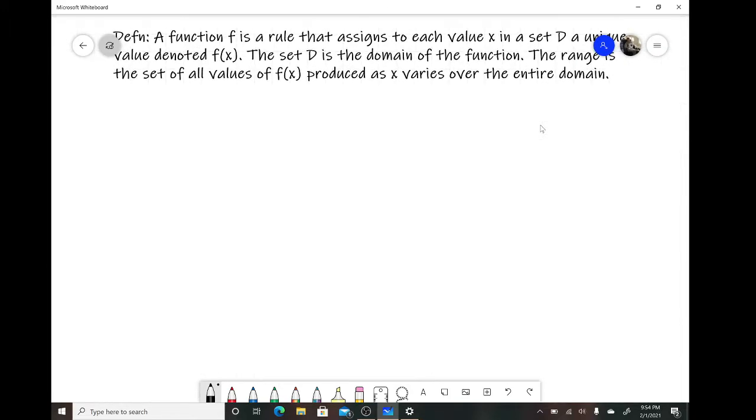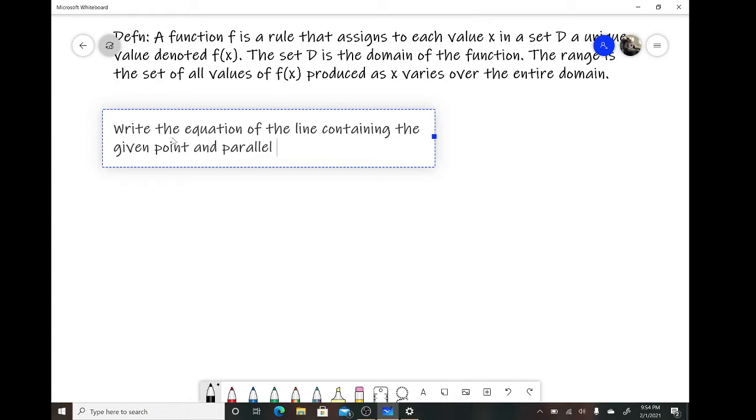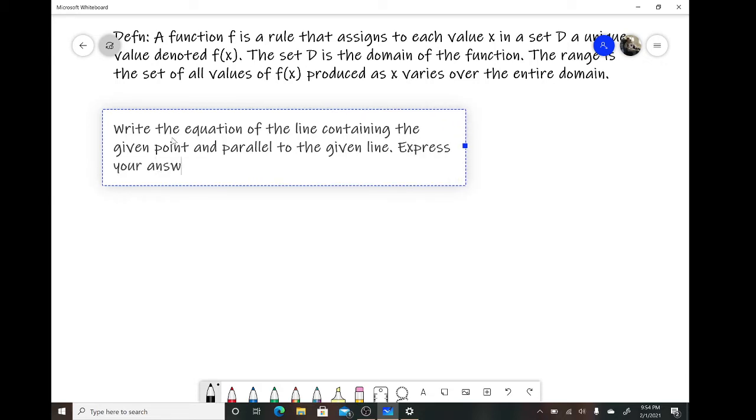I will be doing a couple of examples about some problems that have to do with functions and graphs of functions and so on from your pre-calculus class. So the first problem is the following. Let's write the equation of the line containing the given point and is parallel to the given line. Express your answer in the form y equals mx plus b.